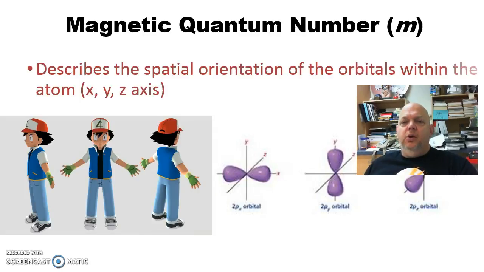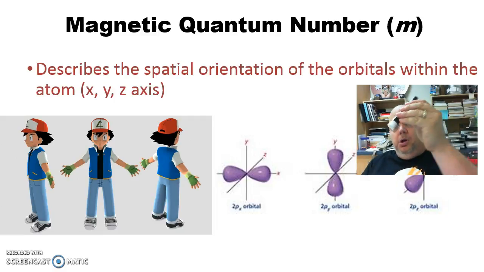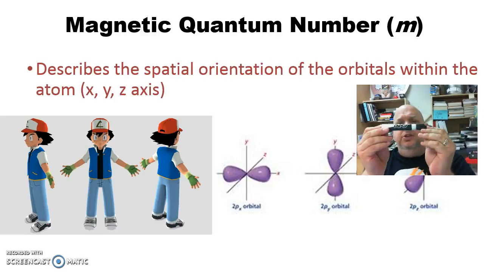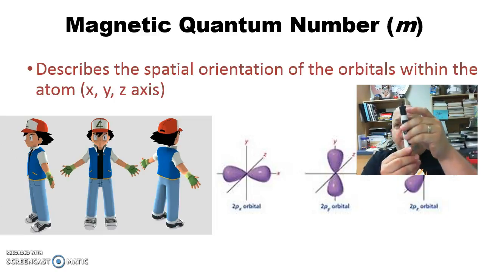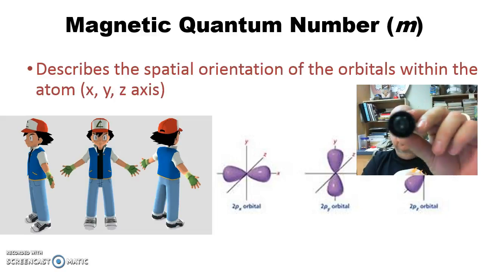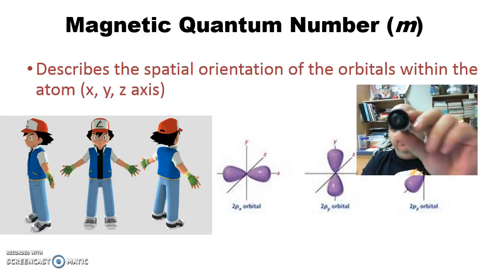We looked at the magnetic quantum number, where we're looking at the spatial orientation. We talked about the idea of taking a marker like this, and here it's arranged on its side, and here it's standing straight up. And then, of course, here we're looking at it straight at you. So that would be like the z-axis.